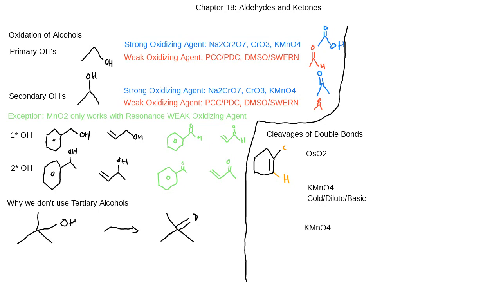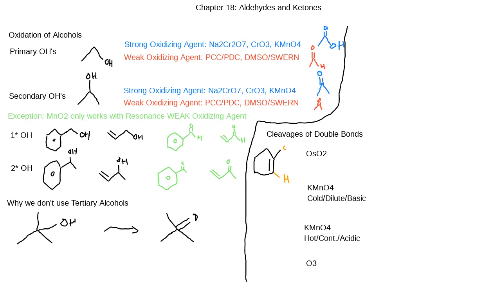This one is going to be hot, concentrated, and basic or acidic. And of course, instead of hot, they might give you a very high temperature, or they might just give you the heat symbol, the little triangle. And then last but not least, we have ozonolysis, which should be very ingrained by now, or in the coming weeks.